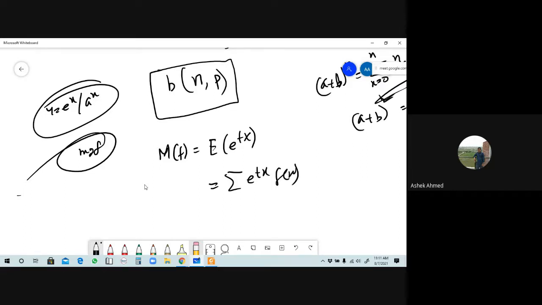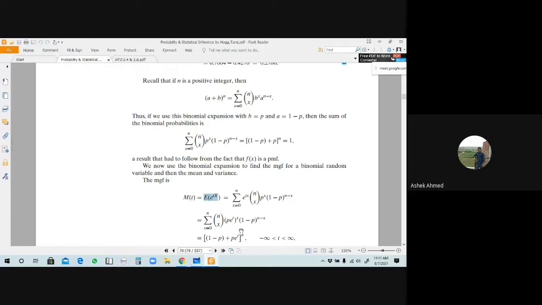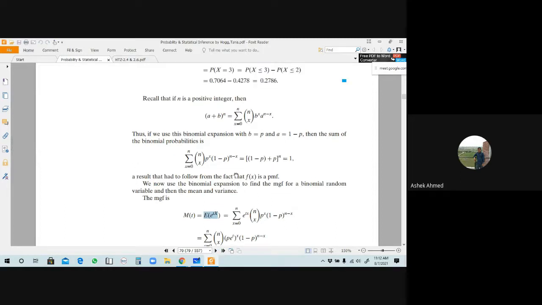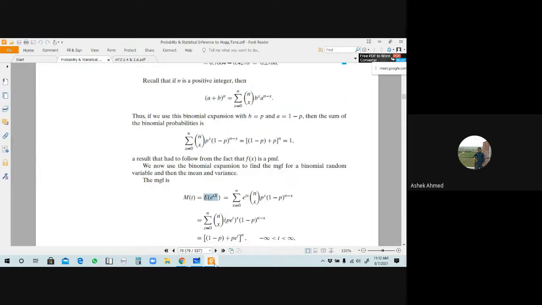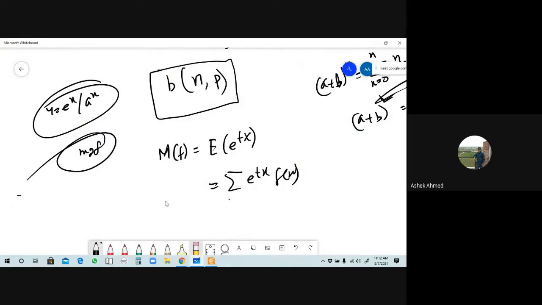The values of x will be 0 up to n here, because for the binomial distribution the values of x are 0 up to n.